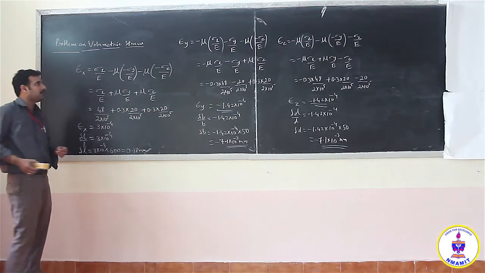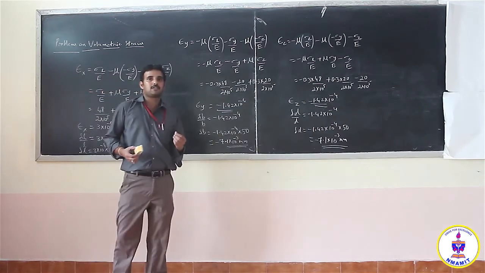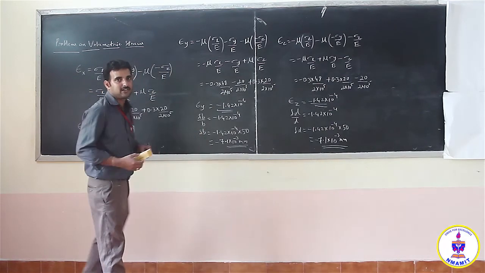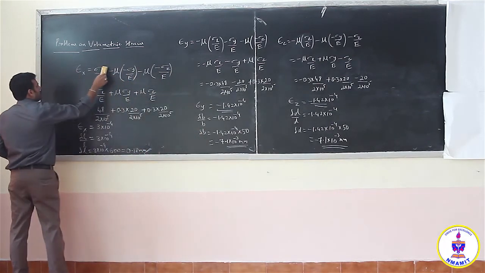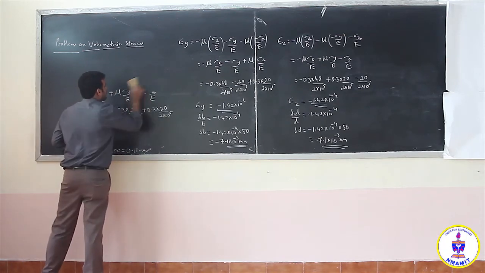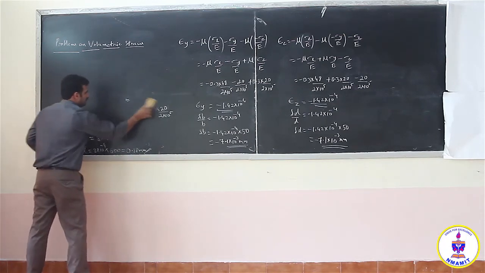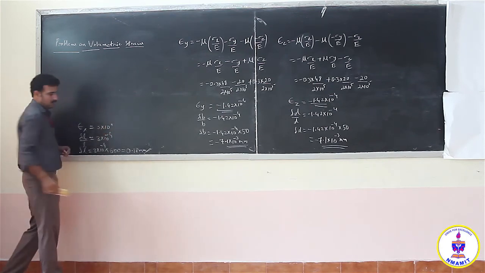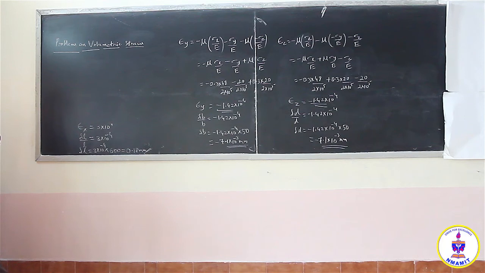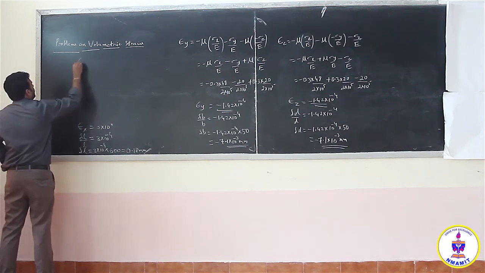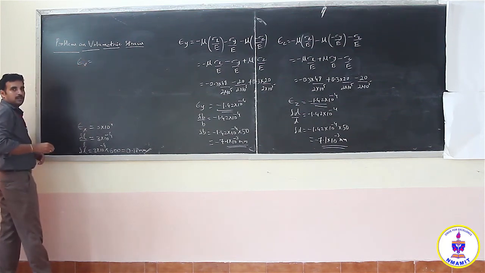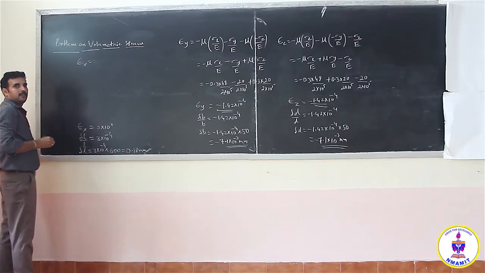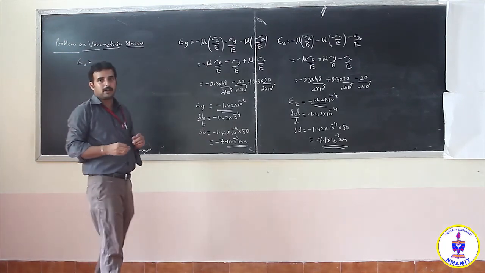So now we find out what is the change in volume. First we have to find out the volumetric strain due to these three mutually perpendicular strains. Volumetric strain equals the algebraic sum of the strains along three mutually perpendicular directions.